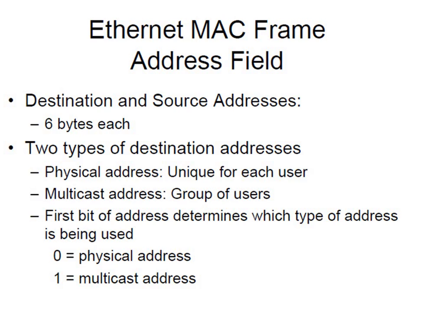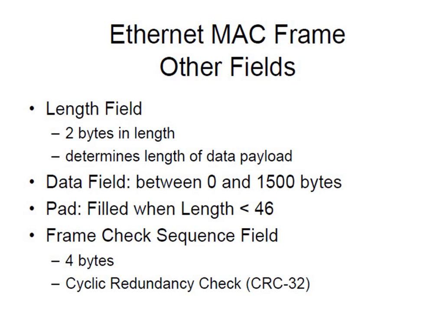And the next address is a multicast address, where a group of users will be utilizing this one. So the first bit of the address determines which type of address it is. If the first bit is a 0, it is a physical address. That means it is the address of that hardware device, and if it is a 1, then it is used for multicast addressing.